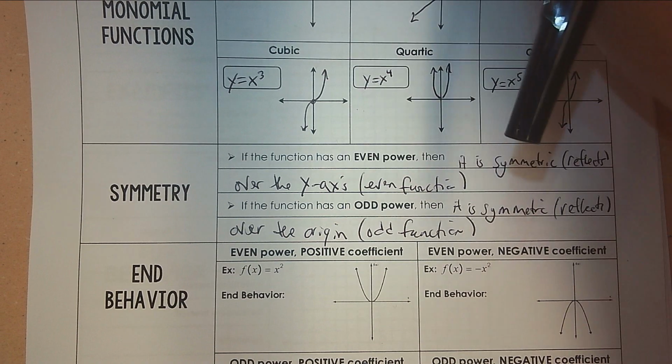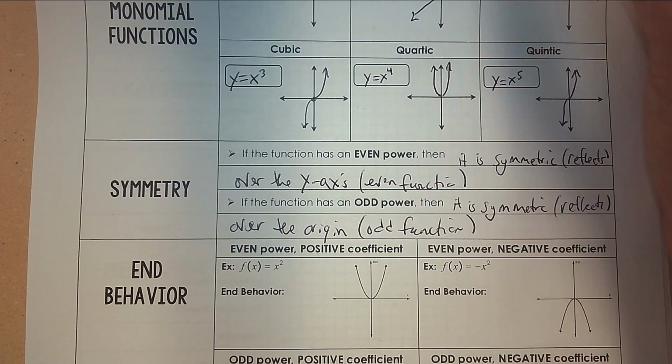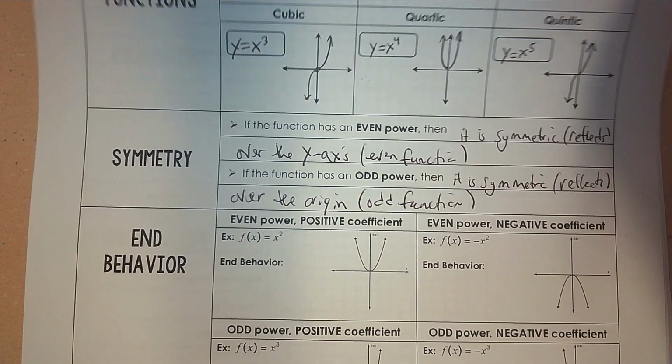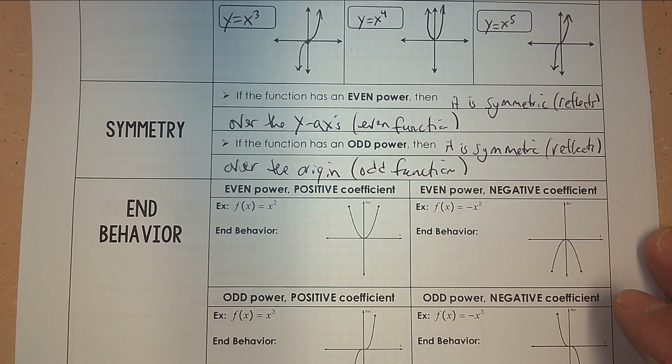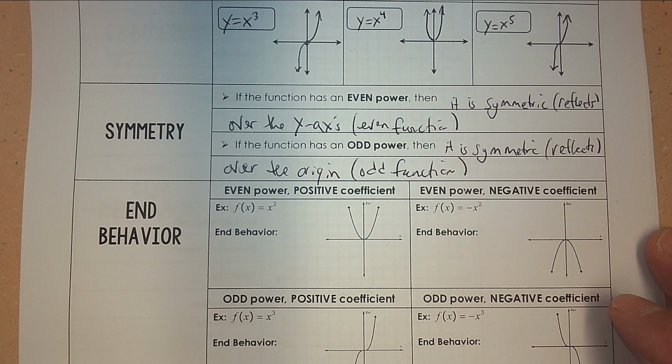One of the things that the power function, sometimes we call it the power term, gives us is the end behavior of it. There are two ends. One's called the right end, and the other's called the left end.